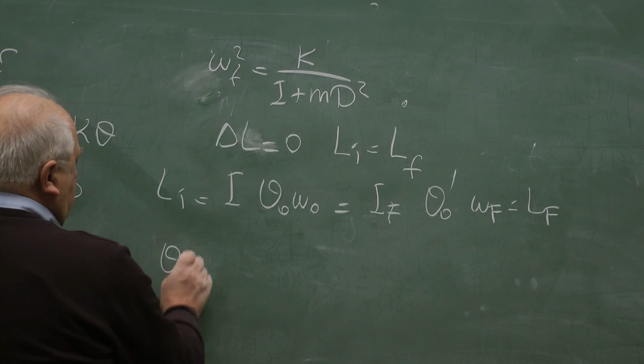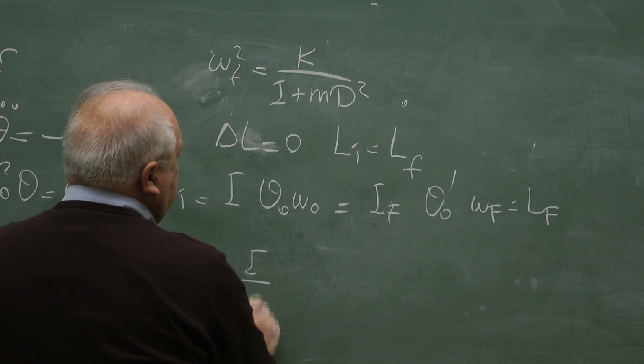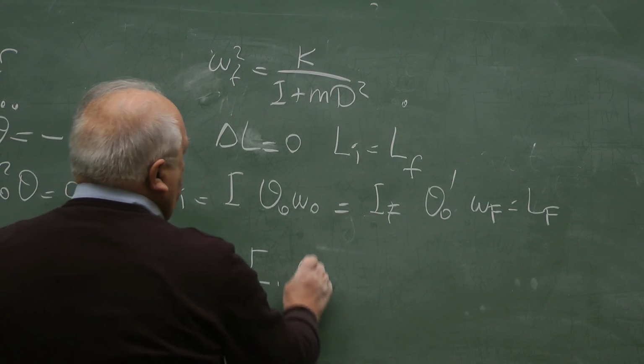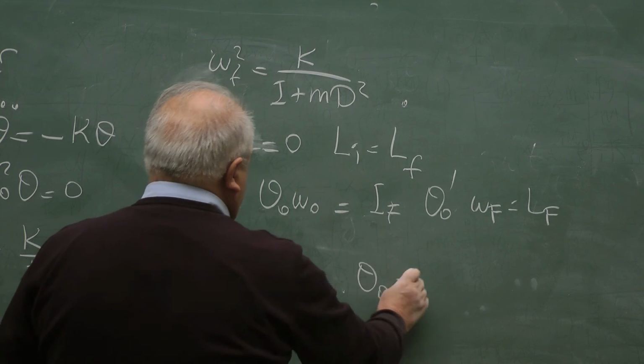So let's do it. Theta 0 prime is I over IF times omega 0 over omega f times theta 0.